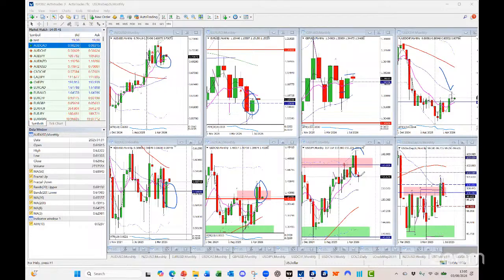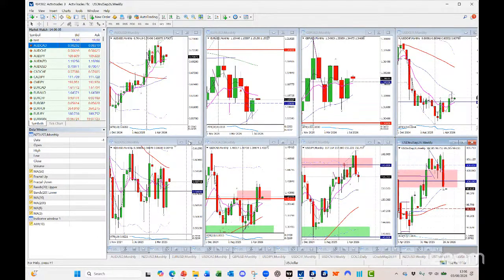And if July's candles created inside bars, I'd probably expect August to create another inside bar, almost like double trouble. But with what we have going on, we will have to wait and see. It is worth noting those monthly candles across the dollar pairs, there was an awful lot of that dollar price action working its way up there.